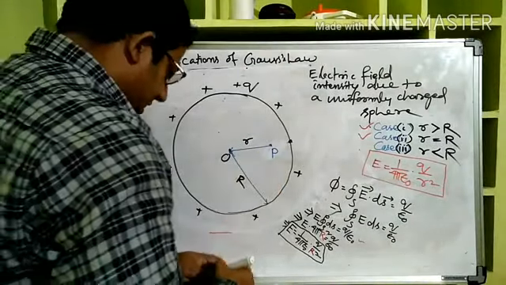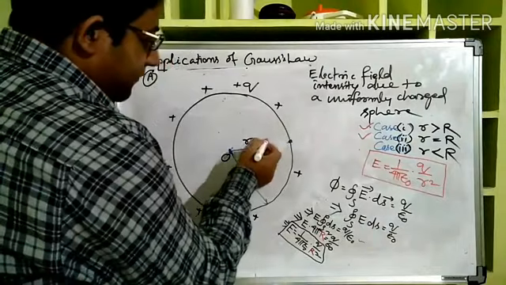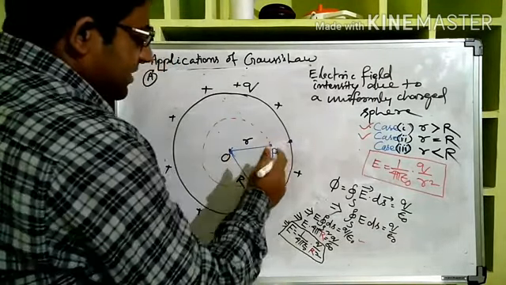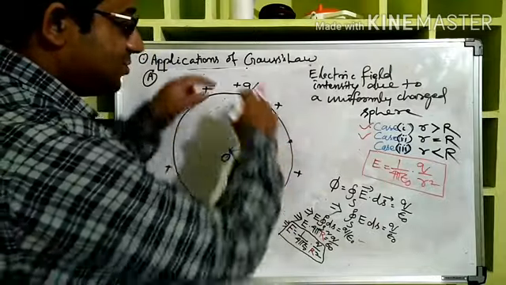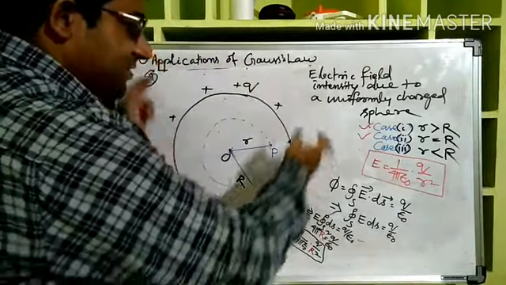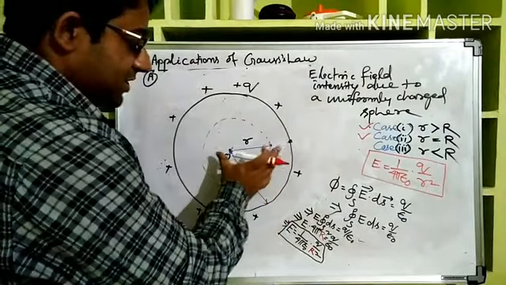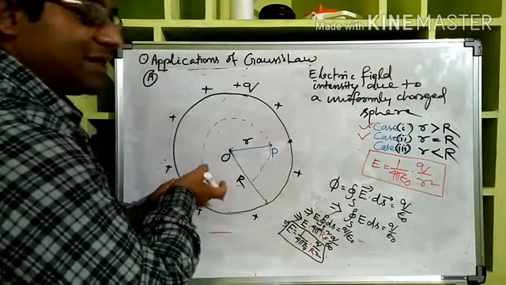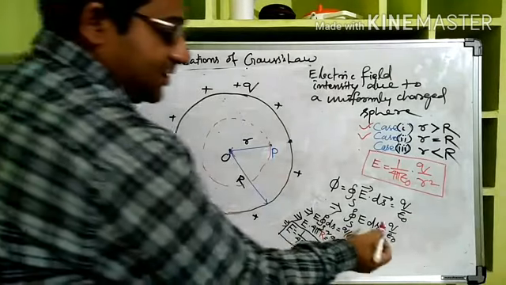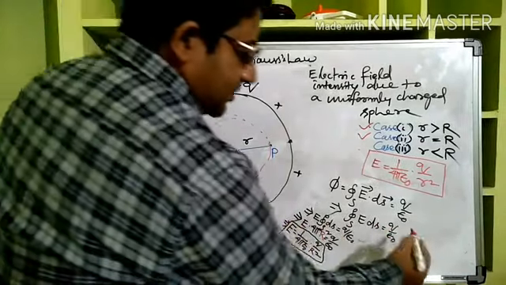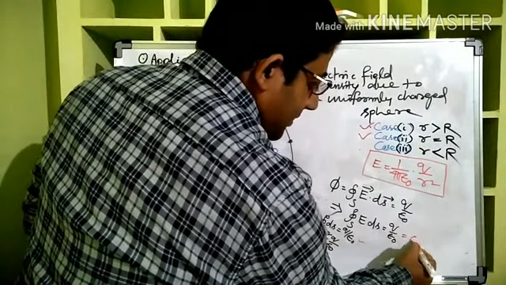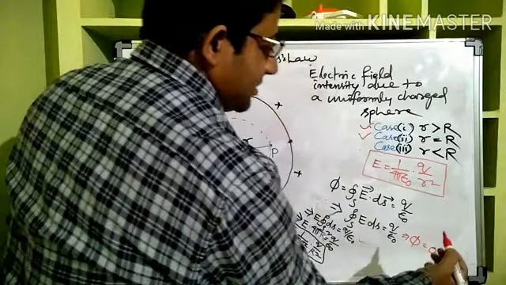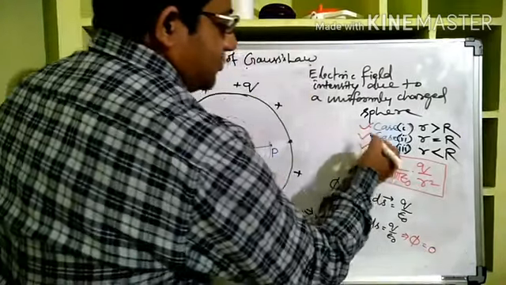What is the charge enclosed in the surface? Now, taking P, if we imagine one Gaussian surface here, within this surface don't you think that the charge is 0, because charge is on the outer surface of the shell only? So inside this, at any point P, if we imagine one Gaussian surface, then definitely this q will be 0, isn't it? So therefore phi is equal to 0 by epsilon naught, which is 0 simply. So this case also is over.